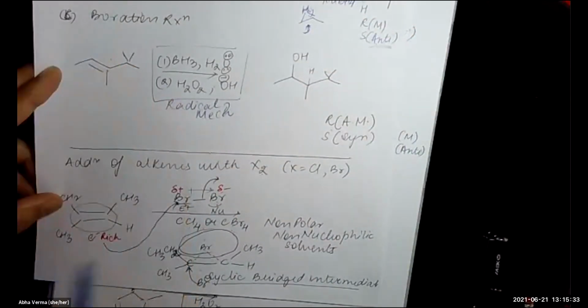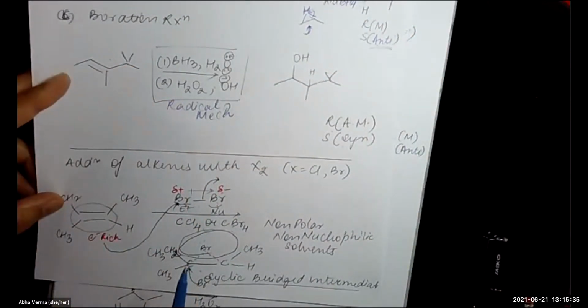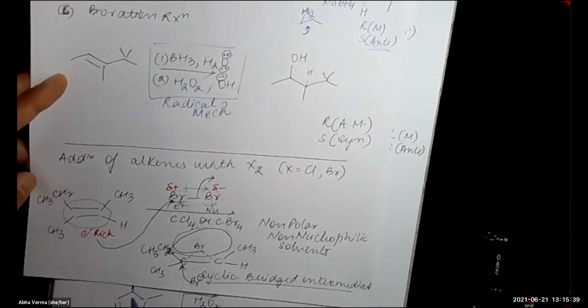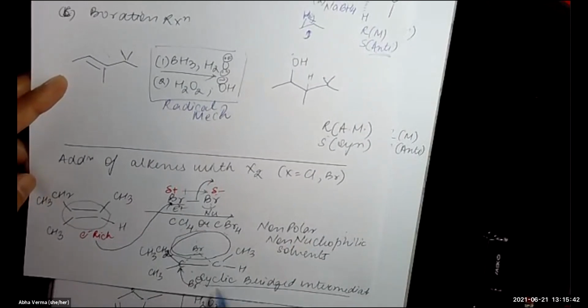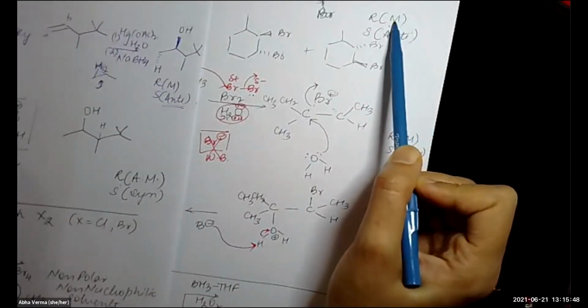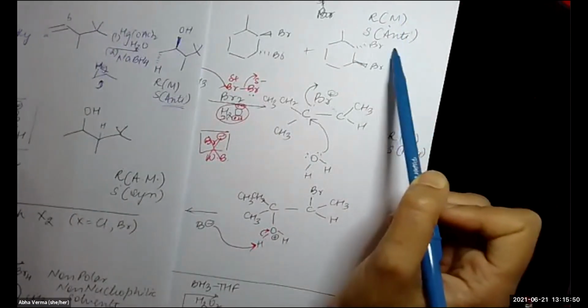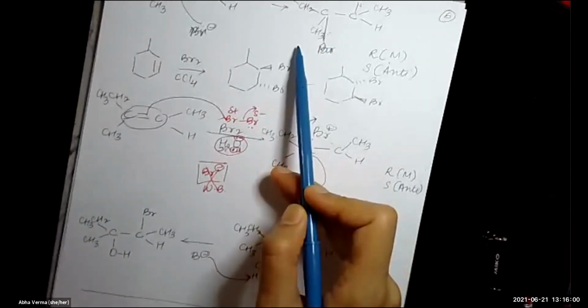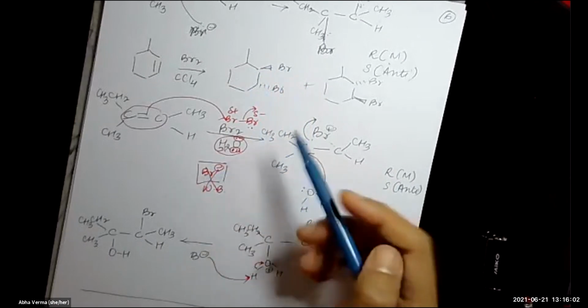So mercuration and halogenations across the alkenes will give you a cyclic bridged intermediate. In both the cases, you will get a regiochemistry of Markovnikov's, stereochemistry of anti. Regiochemistry of Markovnikov's, stereochemistry of anti for both your mercuration reactions and for your halogenation reactions.